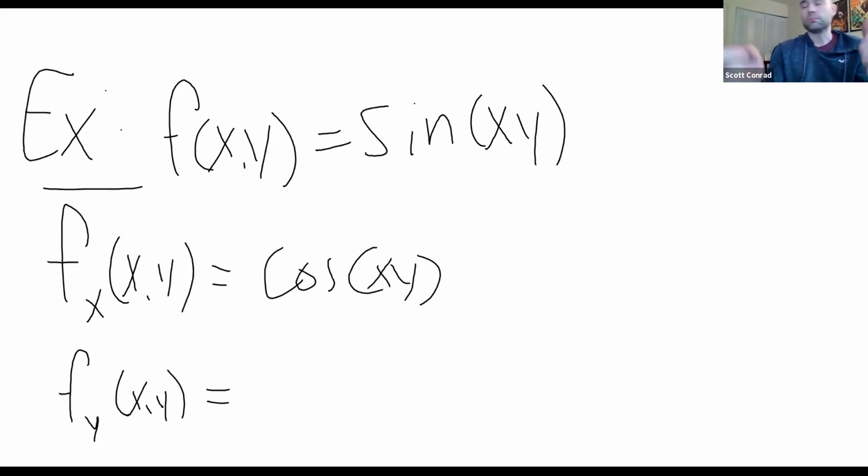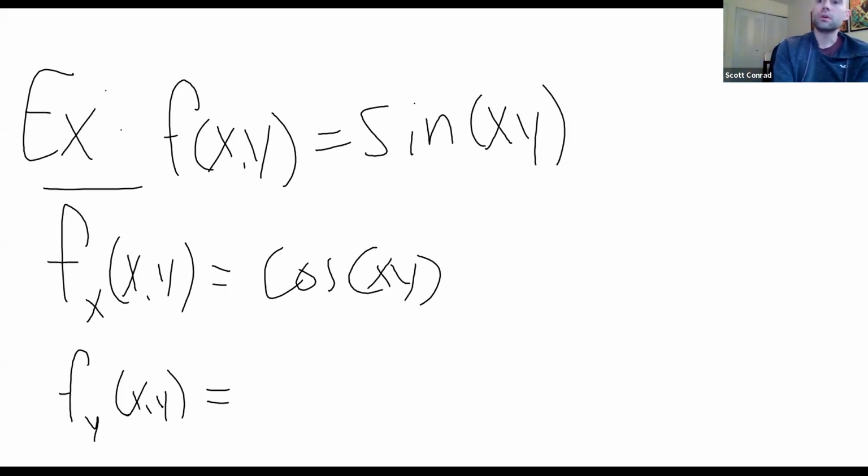So sine of 2x, sine becomes cos, and then you have to multiply by the derivative of the inside, 2x, which is what? 2, right. So for sine of 2x, it would become 2 times cosine of 2x.